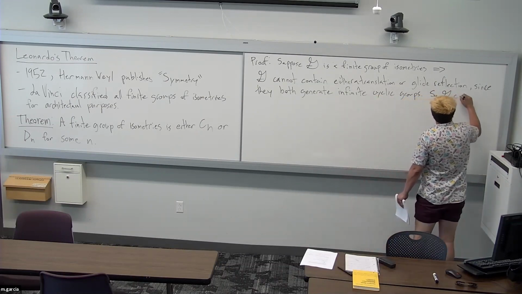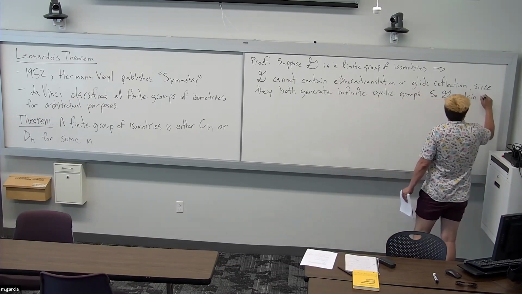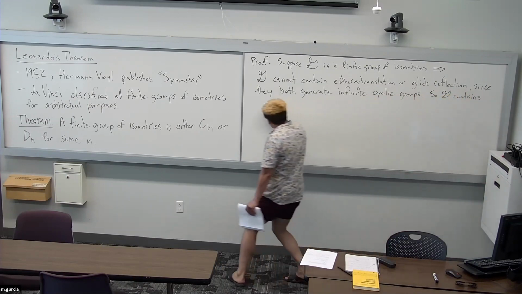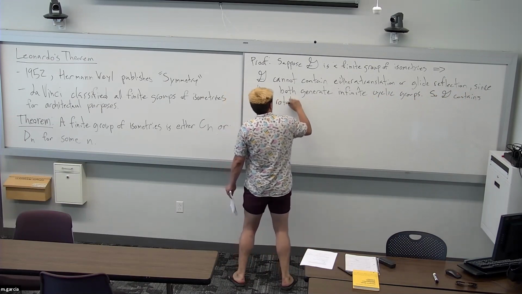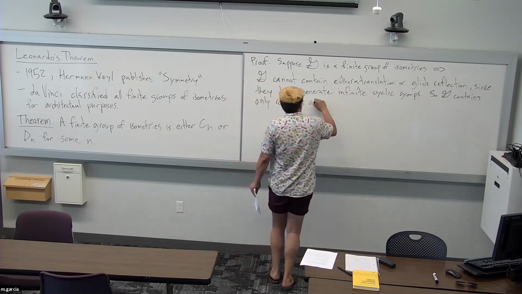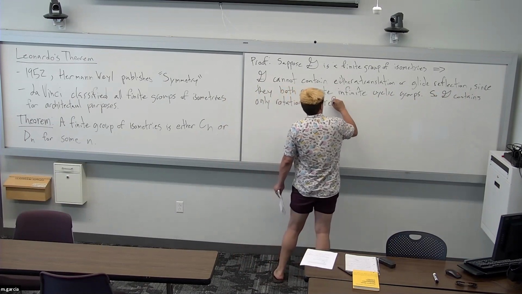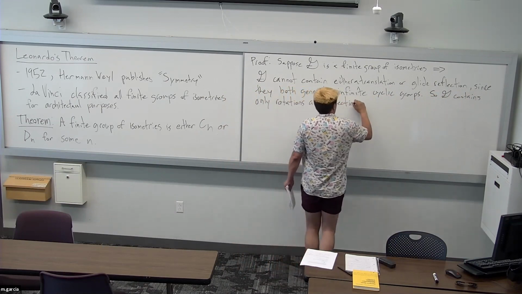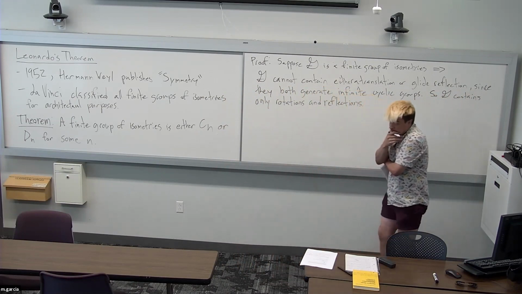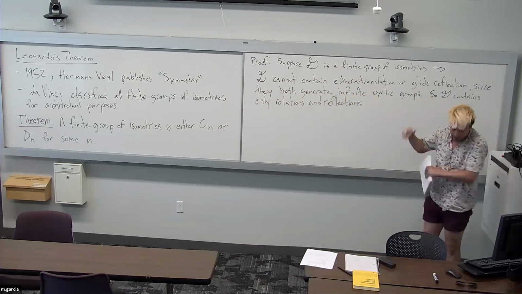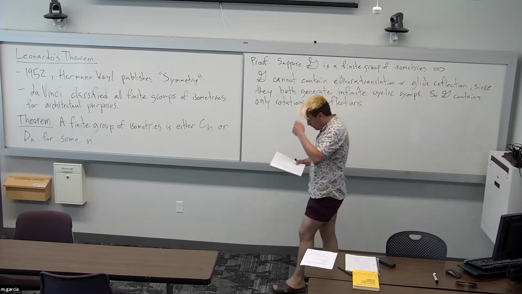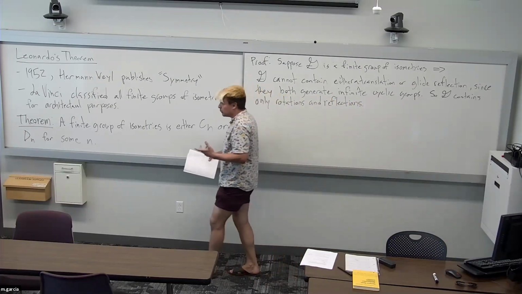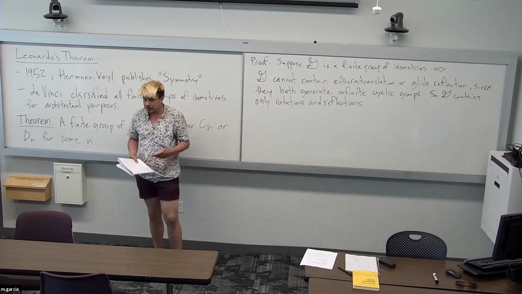So G contains only rotations and reflections. Okay, so at this point, we'll break it into two cases. First, we'll assume, case one, that G contains only rotations.